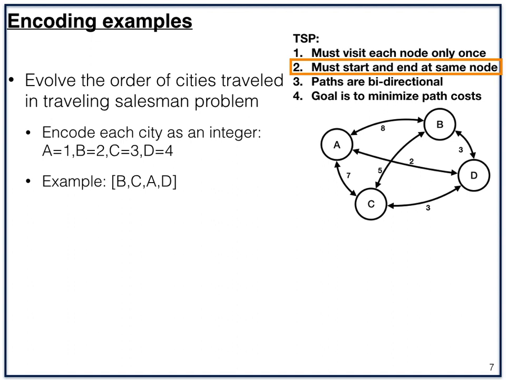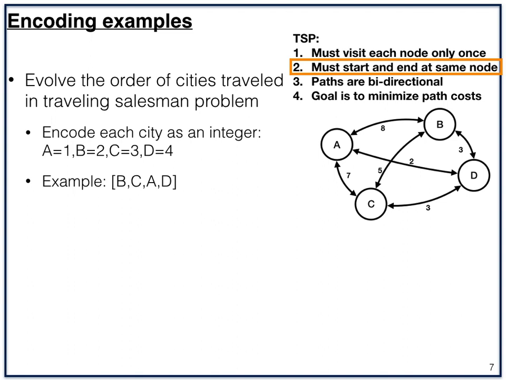So an example genome could be BCAD. So that's the order that this particular solution traversed in this graph. Now, one thing you might notice is that we're violating one of our rules, that we must start and end at the same node. So our genome doesn't incorporate that idea that we must start and end at the same node. I'll talk about that in the next slide.